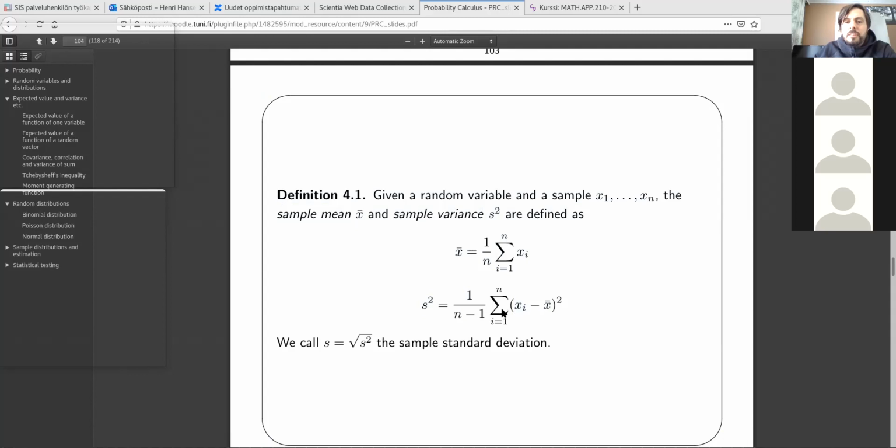Getting more into the algebraic details, this n minus 1 is there to offset the fact that this average already contains partial information about all of those values. This is why we need something called the degrees of freedom.